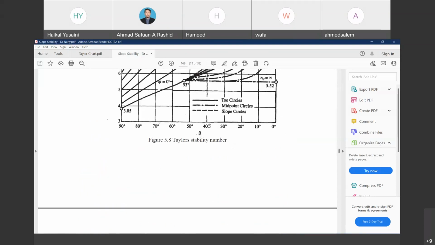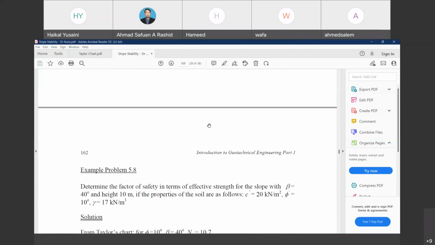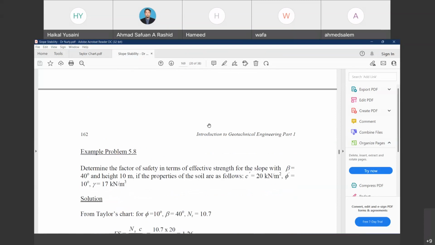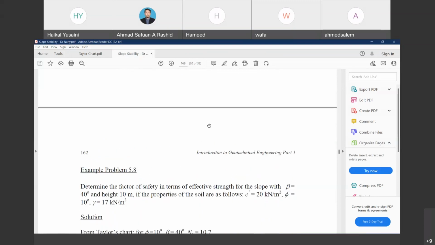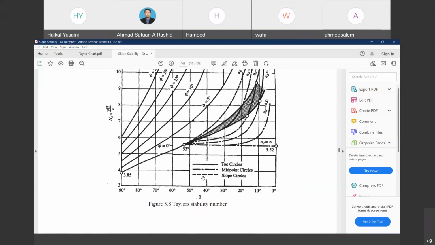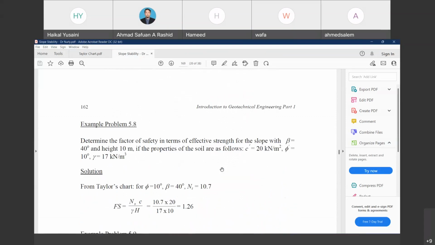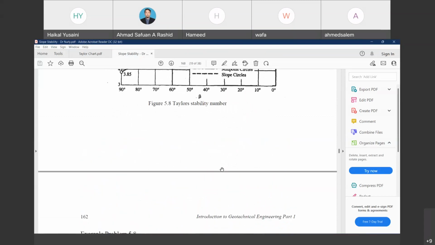So it doesn't mention the ND value. So phi is equal to 10. We move until it meets 10. Then we obtain the stability number around 10.7. So then the factor of safety is equal to 1.26.